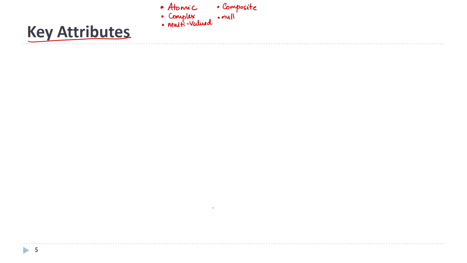So, many things we have discussed so far. Now, let us talk about what a key attribute is. What is this concept called key attribute?